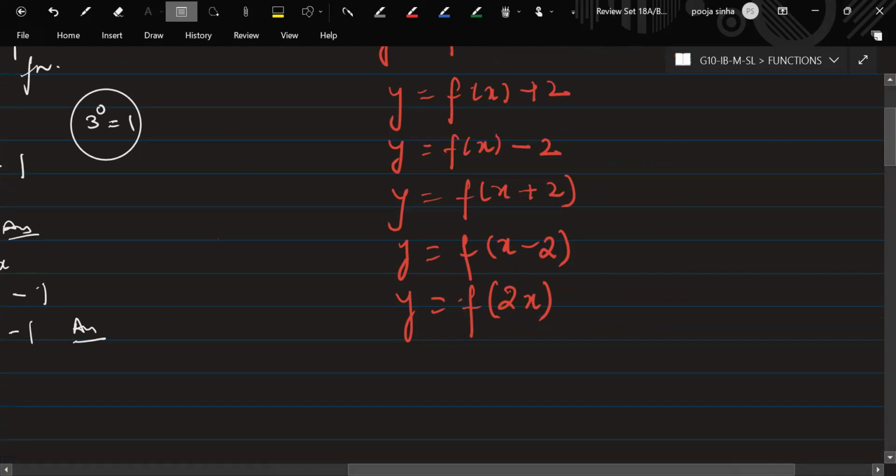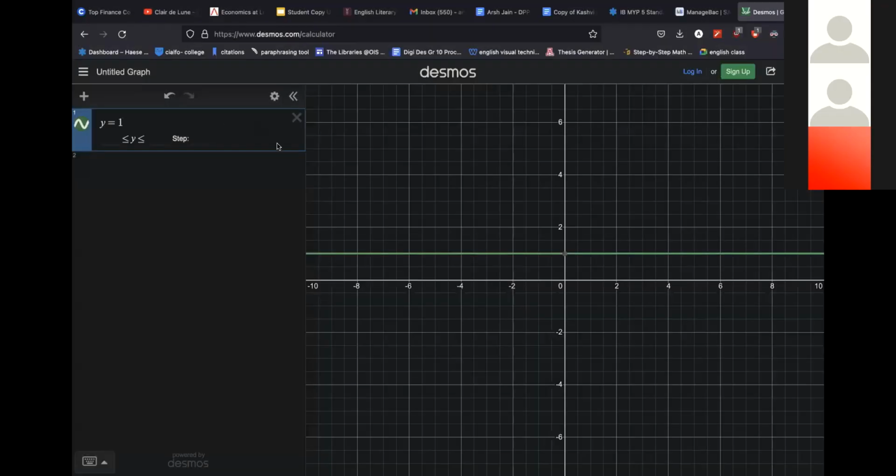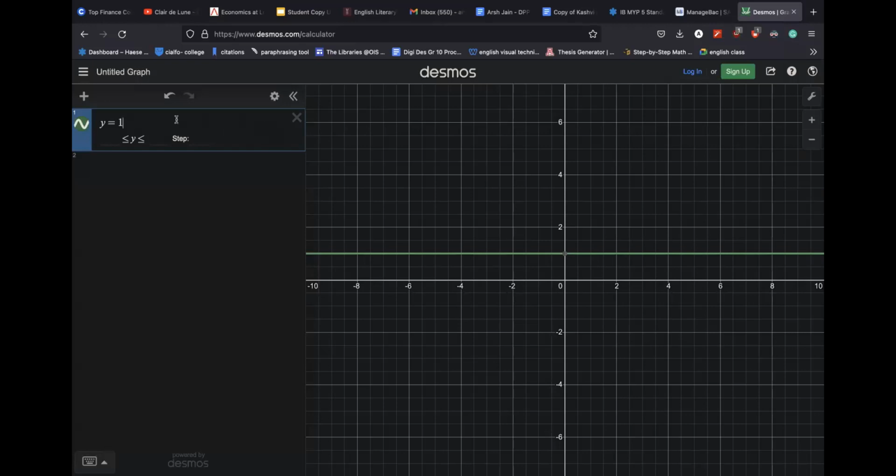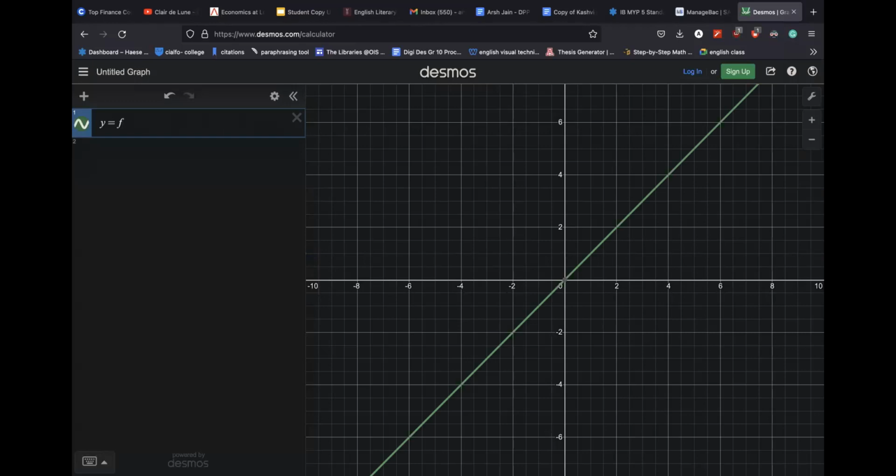Do both of you have Desmos? Yeah. Please open it quickly. Mine is open. Share your screen. Y is equal to f(x). Bracket में x करो.